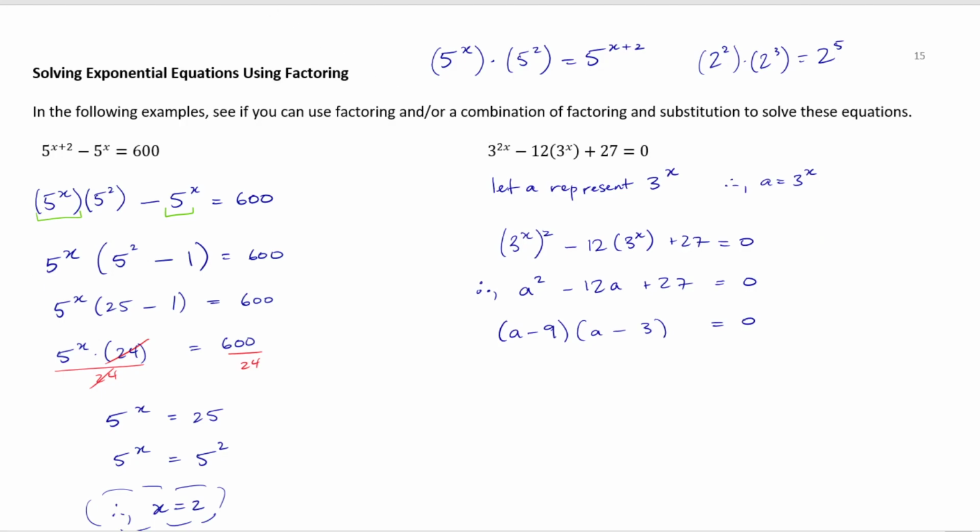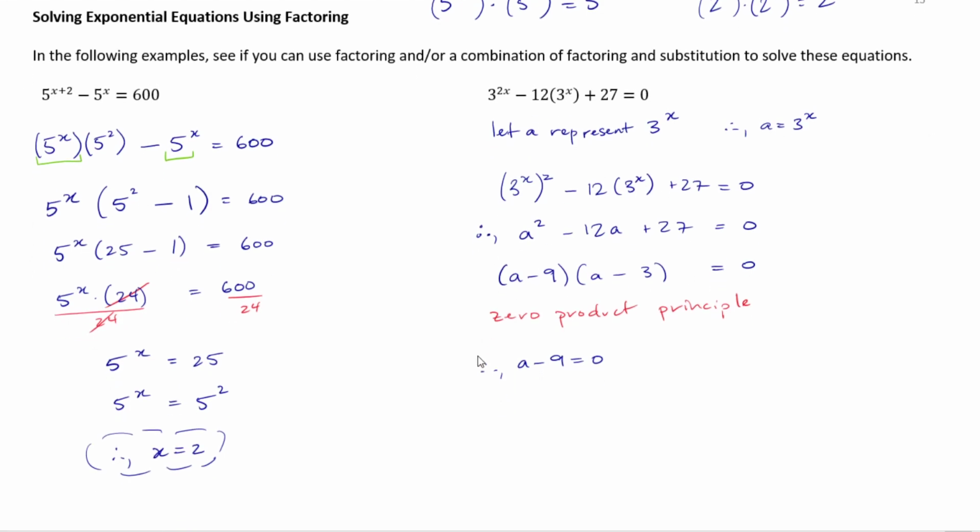And so using my zero product principle, which states that one of these two factors has to be equal to 0, therefore, A minus 9 is equal to 0. That means that A has to be equal to 9, and then instead of A, I'm going to back substitute: 3 to the power of x is equal to 9, and x is therefore equal to 2. So that's one possibility, x is equal to 2.